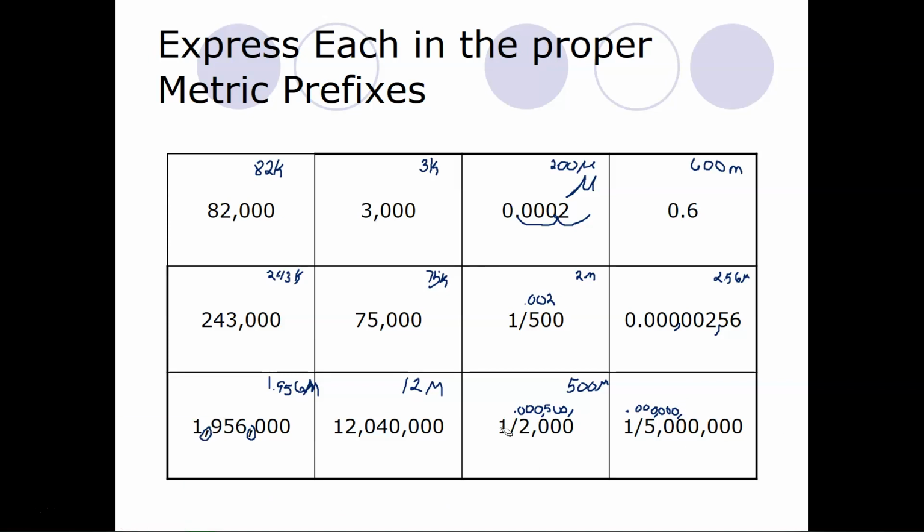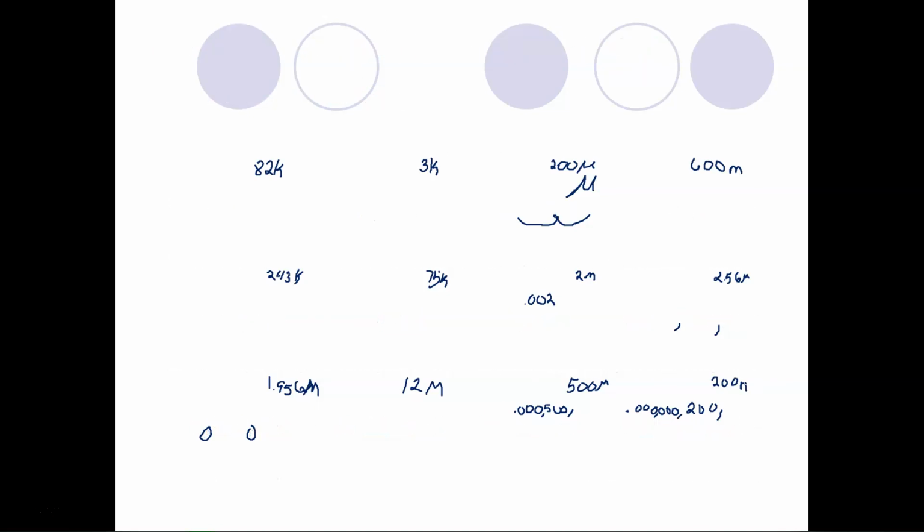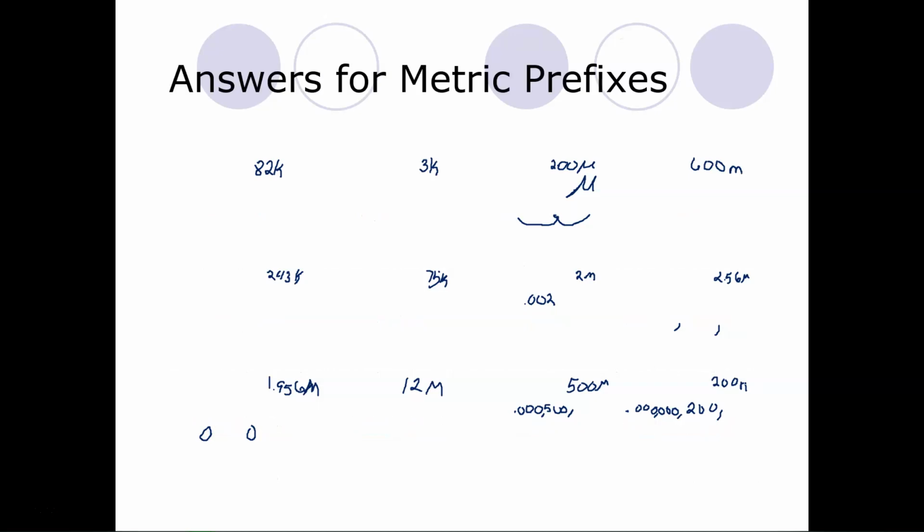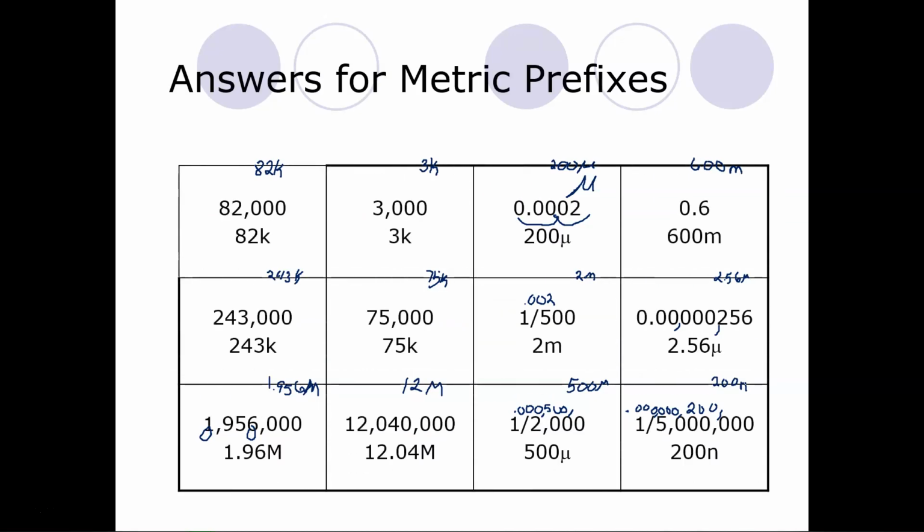I had 2 extra zeros there. So this is 0.00000000002, which when you start doing your calculations, have to add another comma out here, and you end up with 200 nano. Okay, you end up with 200 nano.